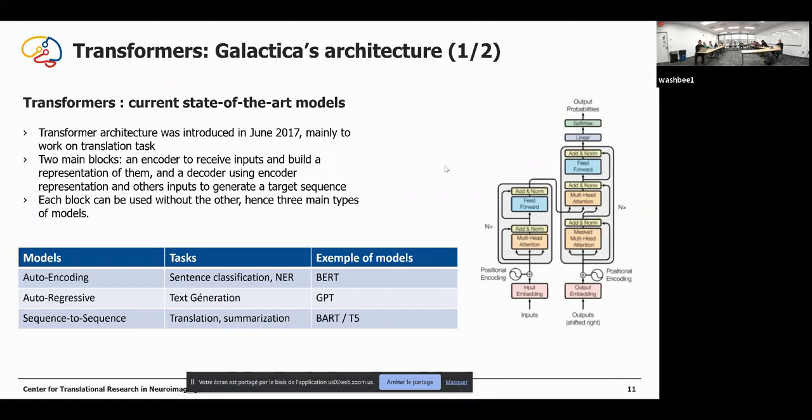So Galactica used the usual transformer architecture. The transformer architecture was introduced in June 2017, mainly to work on translation tasks. There are two main blocks: the first one on the left is the encoder block, and on the right there is the decoder block.